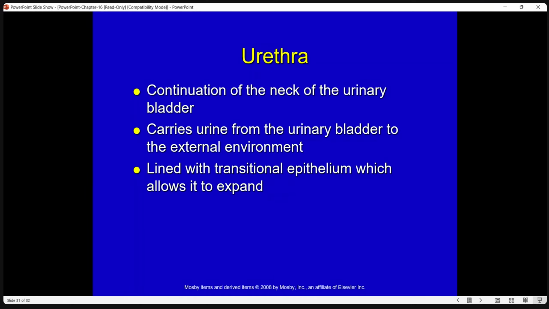And this passes through the prostate gland and also through the penis. So during ejaculation, because it passes through the prostate, the process gives out semen, which actually facilitates the sperms to have their way out.